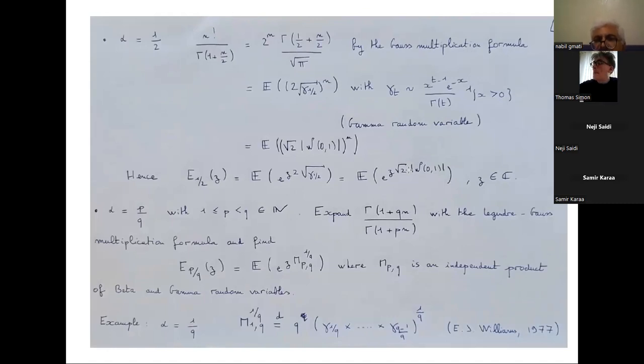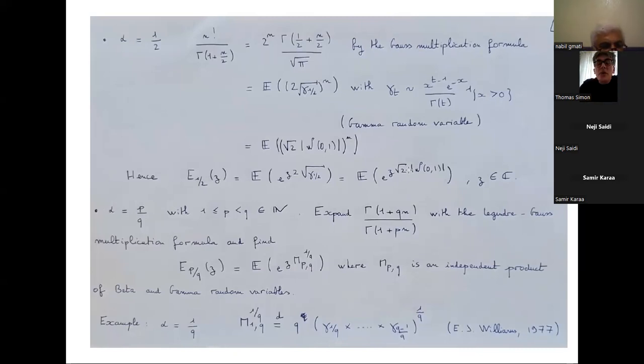So let's consider now the Gaussian case, where alpha equals 1/2. Then you can rewrite the quotient of factorial n and the gamma function by the Gauss multiplication formula on the gamma function. And then you recognize the square root, up to some multiplicative constant, of the gamma random variable with density as written down on the slide.